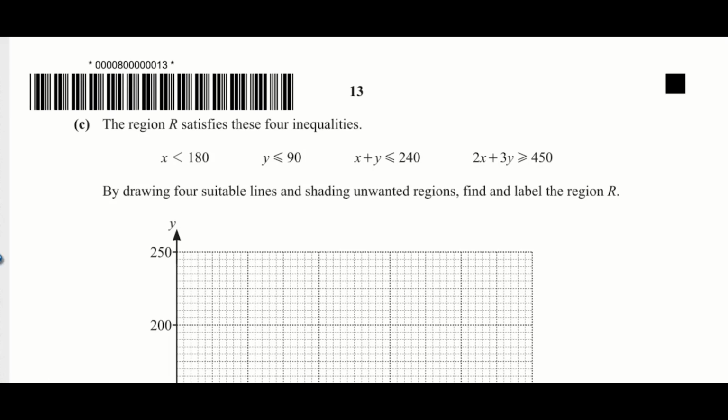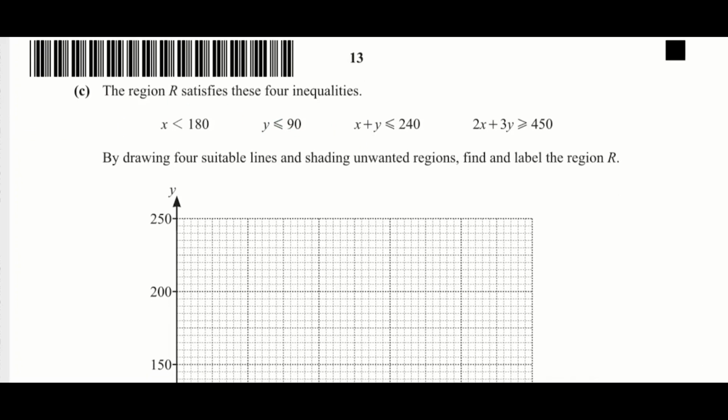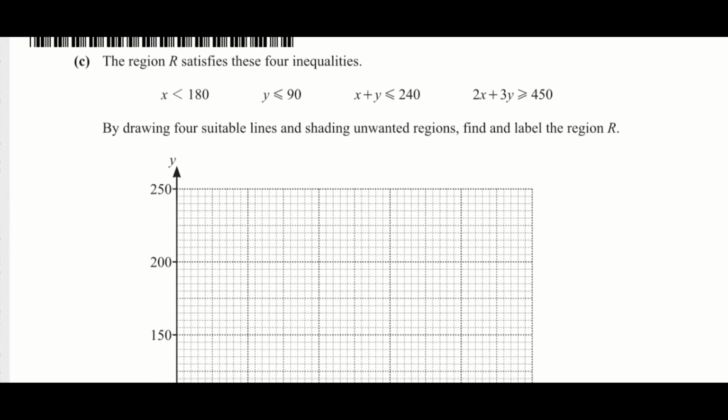Okay, so the next one, the region R satisfies these 4 inequalities. So we need to do this. x is less than 180, so 180 will be here. So each line is 5.